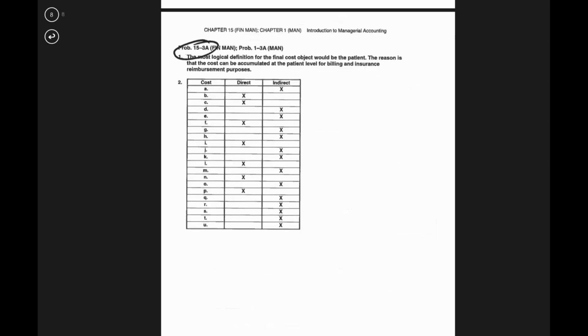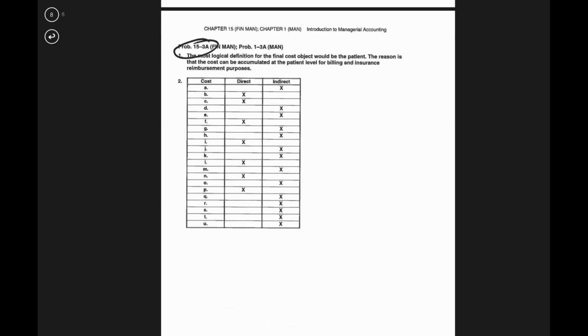And then the last one that's assigned for this chapter is problem 3A, and it wants you to classify each as either a direct cost or an indirect cost. So going through that list, the final cost needs to be either a direct cost or an indirect cost. Also, you need to know what we are looking at.